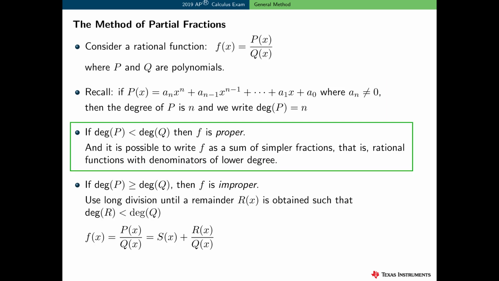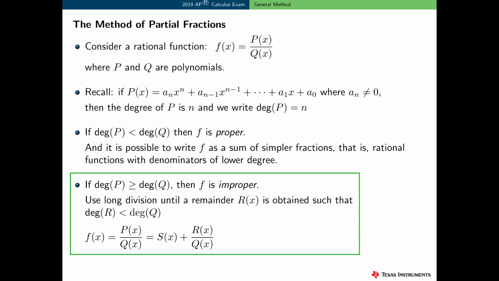If the degree of p is less than the degree of q, then the function f is called proper. And it's always possible to express f as a sum of simpler fractions, rational functions with denominators of lower degree, provided that the degree of p is less than the degree of q.